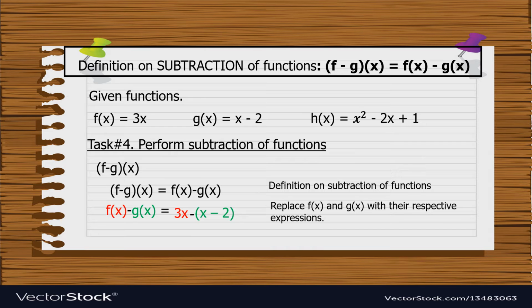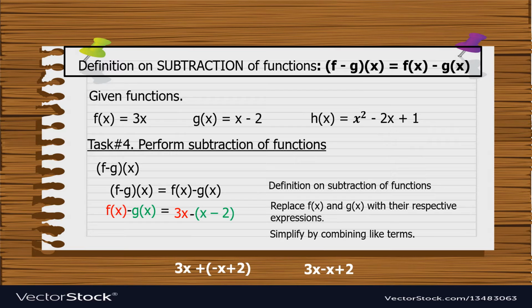Don't forget to enclose your subtrahend using open and close parentheses because there will be a change in sign in our subtrahend and we will proceed with addition. Just like this, 3x from minus sign to plus sign, and from positive x to negative x, from negative 2 to positive 2, and it will become 3x minus x plus 2.